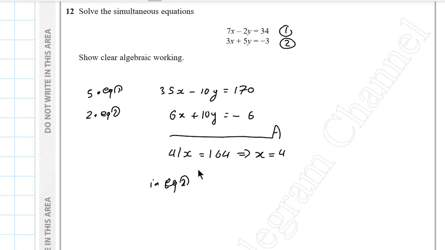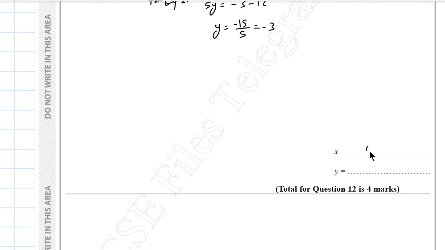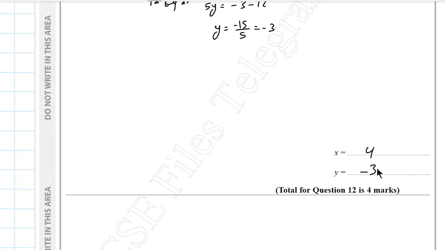In equation number 2, maybe easier, it will be 5y equals negative 3 minus 3 times 4, negative 3 minus 12. It will be negative 15, so y will be negative 15 over 5, which is minus 3. So we have 4 and minus 3.